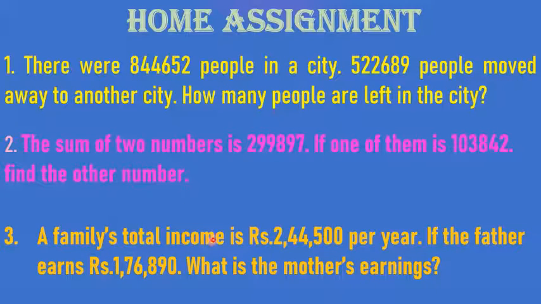Total income of the family, or a family's total income, is equal to this one, 2,44,500 rupees. And father's earns, or father's earnings, is equal to 1,76,890 rupees. Third step, therefore, the mother's earnings is equal to subtract.